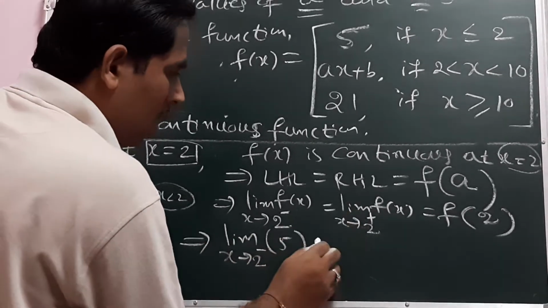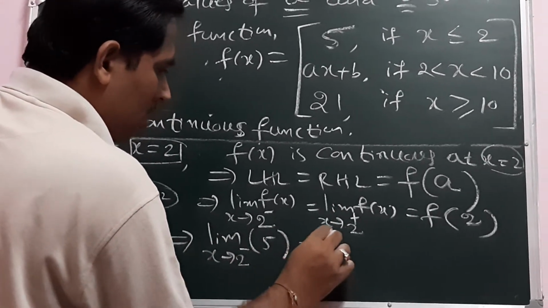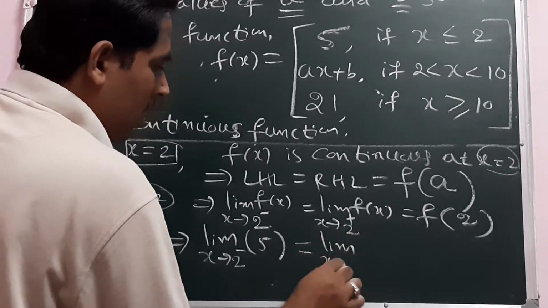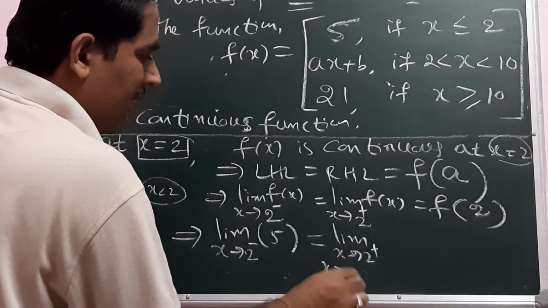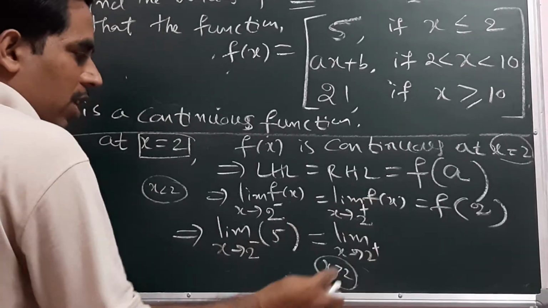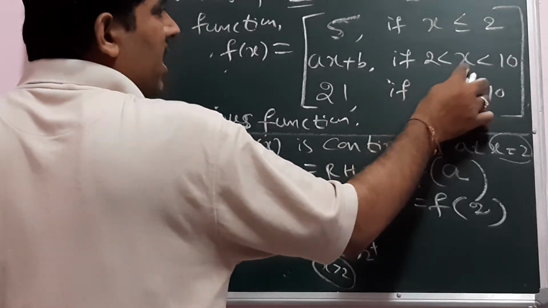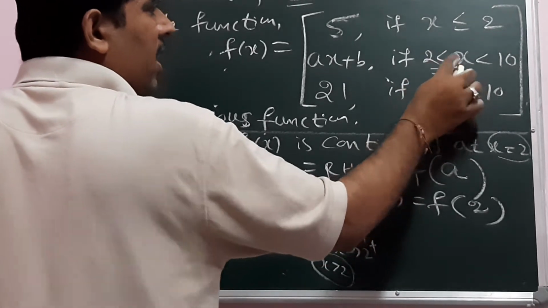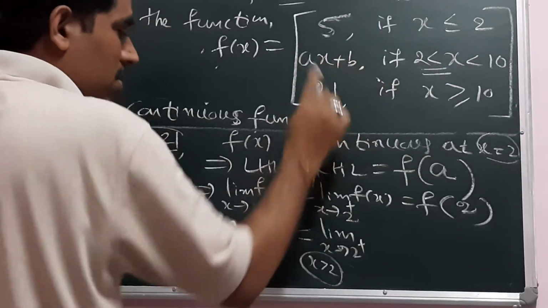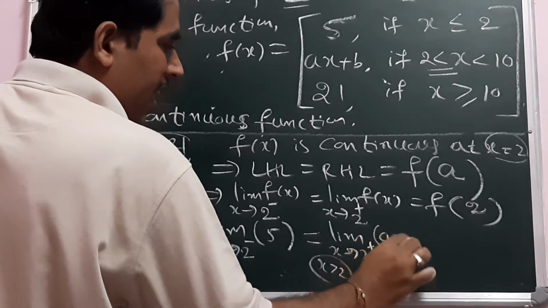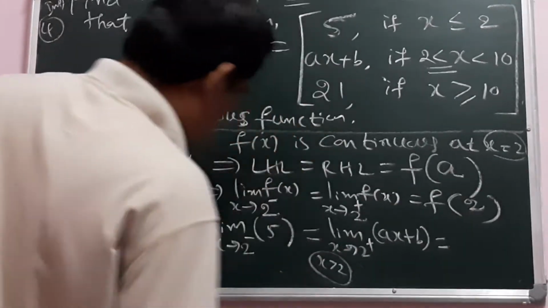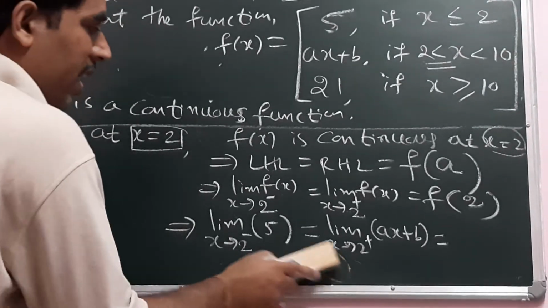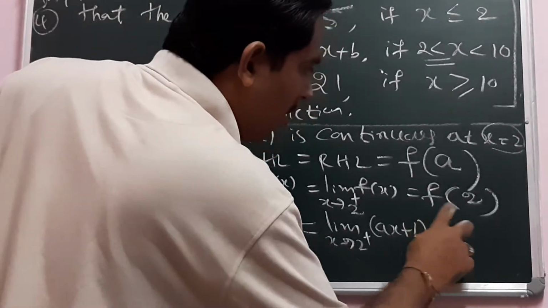Then I will go for the right hand limit. Limit as x tends to 2 plus means x is greater than 2. What is the value of the function when x is greater than 2? Observe here, x is greater than 2 means the function is ax plus b. So I write ax plus b is equal to the value of the function at the given point, so we have to see f of 2.